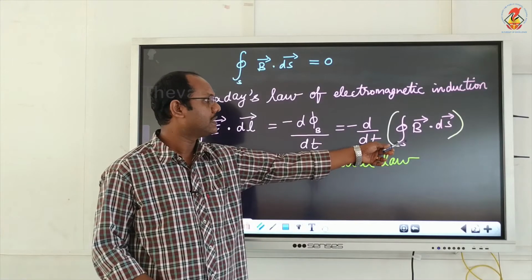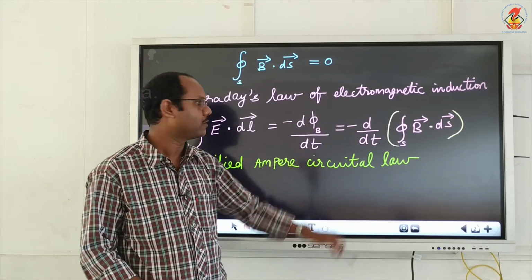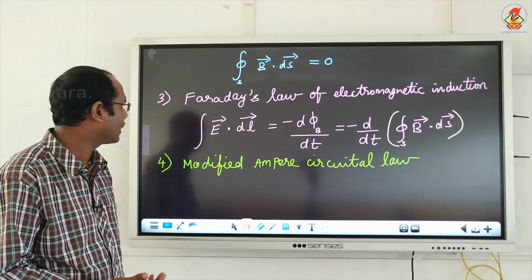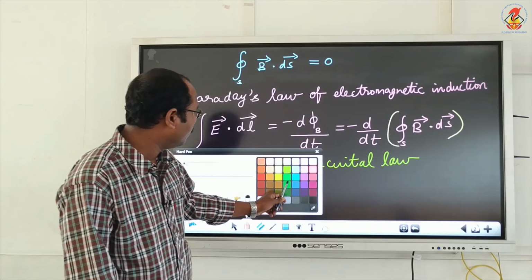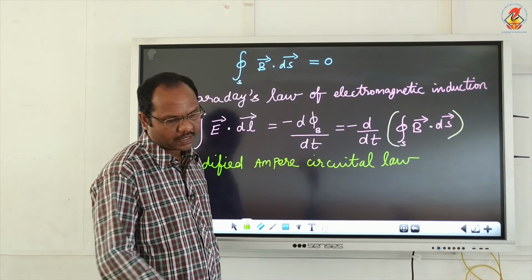I have just put surface integral B dot ds, and shown S as the subscript to tell that it is a surface integral. Now, let us see what is modified Ampere circuital law.